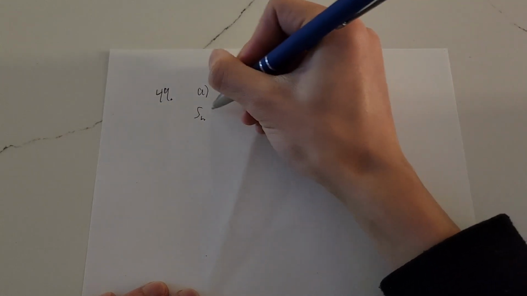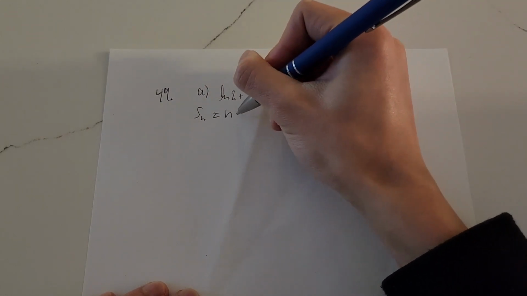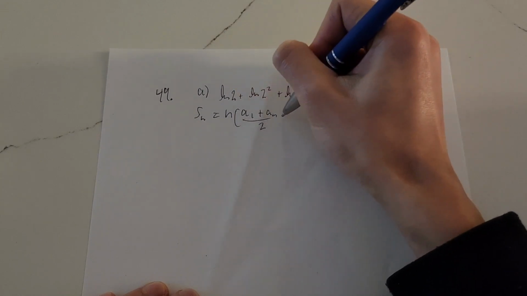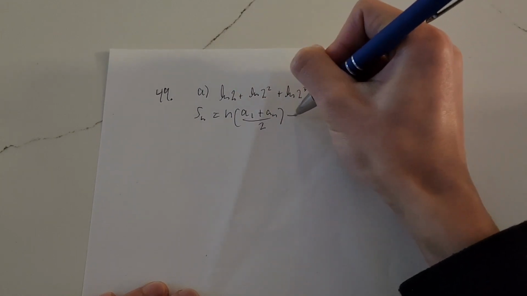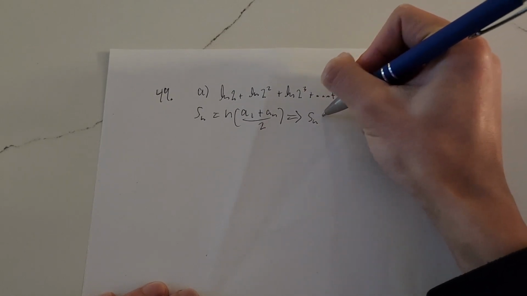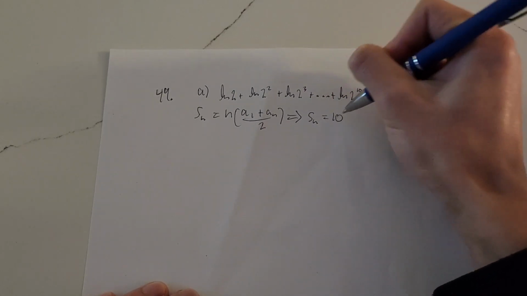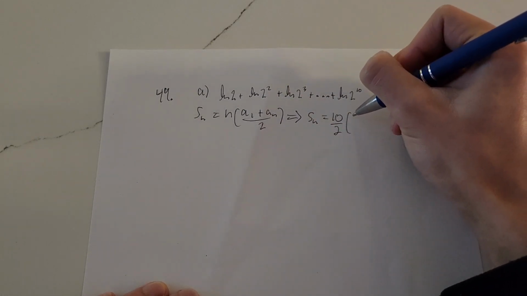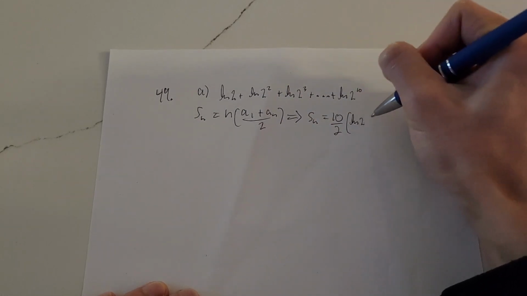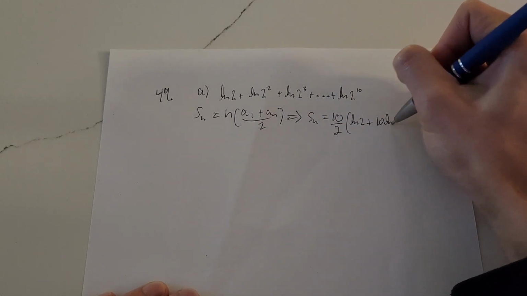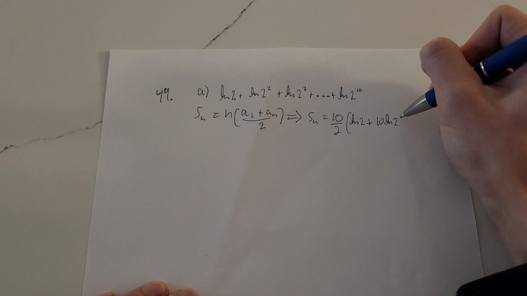So S sub n is going to equal n, which is the number of terms, times a1 plus an, all divided by 2. And that's just going to imply that Sn, or the sum, is going to equal 10/2 multiplied by a1, which is going to be ln2, plus an, which is going to be 10 ln2. And that's me already using the exponent rule.